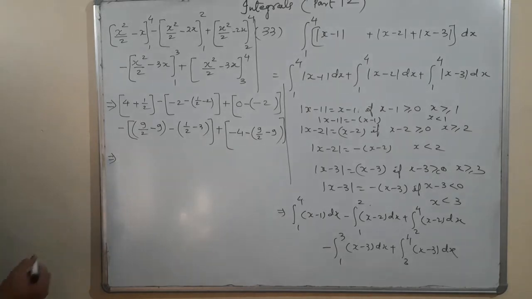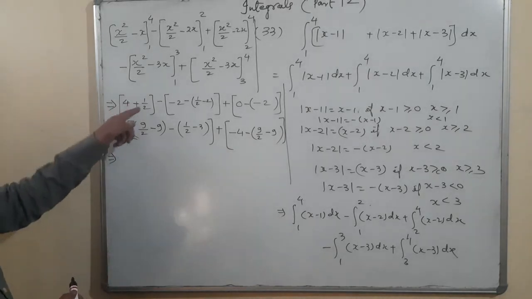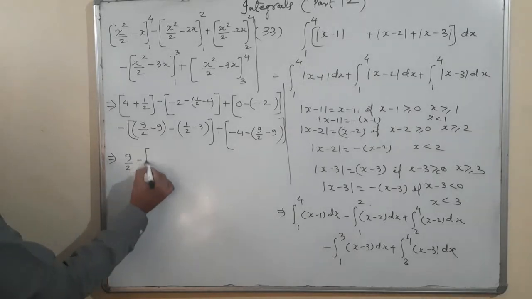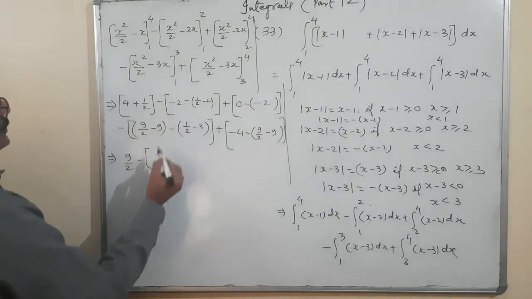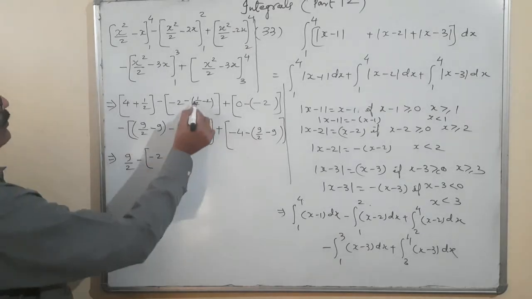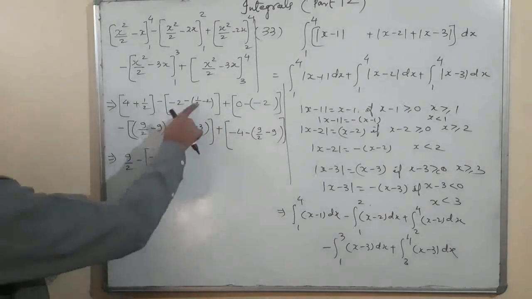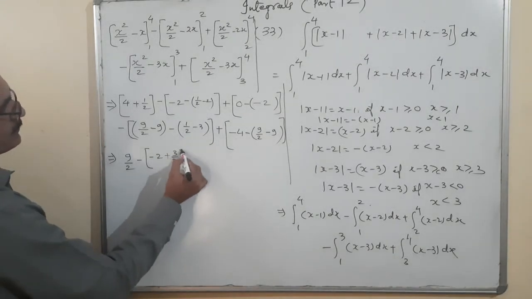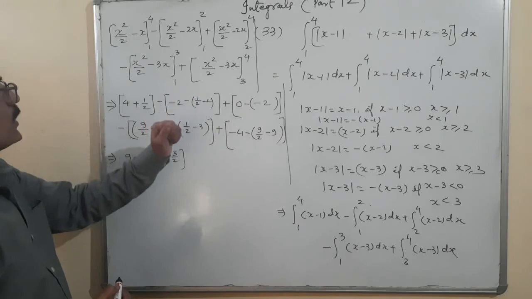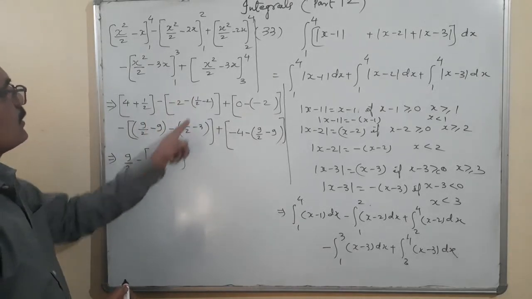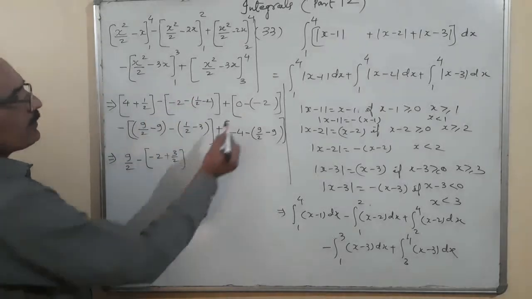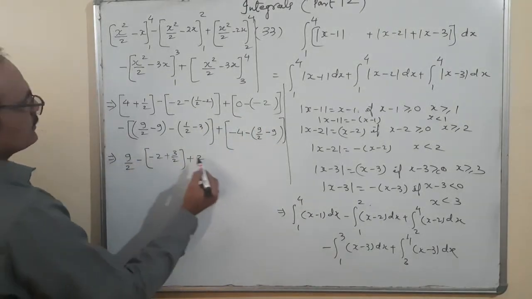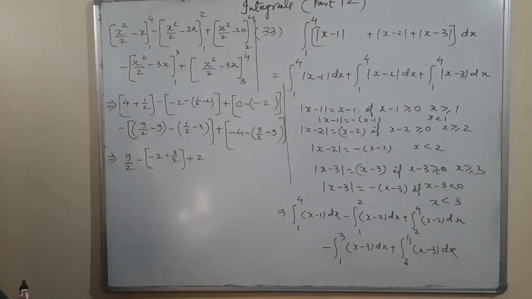It means now I start solving this. 4 plus 1 upon 2, 9 upon 2, minus, inside the bracket, minus 2, and 1 upon 2 minus 2, minus 4 plus 1 minus 3 upon 2 plus 3 upon 2. Is that okay? Minus 4 plus 1, 1 minus 4, minus 3 by 2. So minus 1 is plus 3 by 2. It is plus 2. That is 9 upon 2 minus 9, minus 9 upon 2.